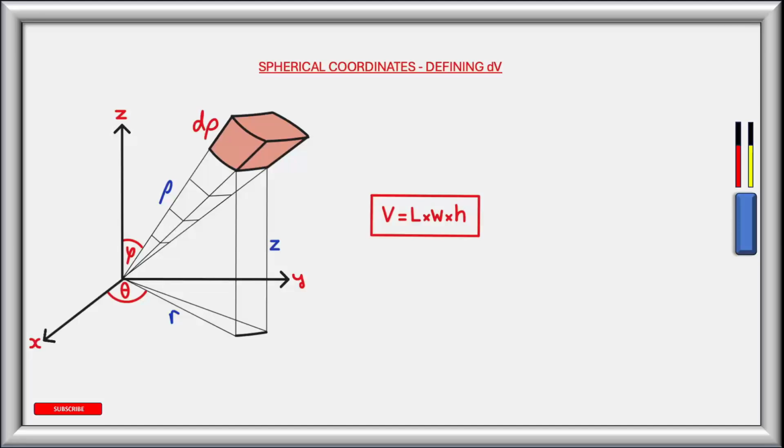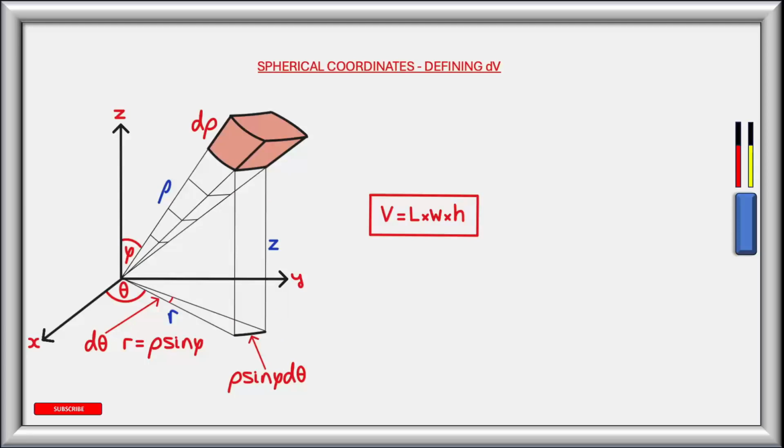If we extend lines down from the rectangular box, we see that the width dimension of the box, circled here, also lies parallel to the xy plane, circled here, and is the arc of a circle where the radius of the circle we saw was r when using cylindrical coordinates. We also saw that r translated to rho sine phi when using spherical coordinates.